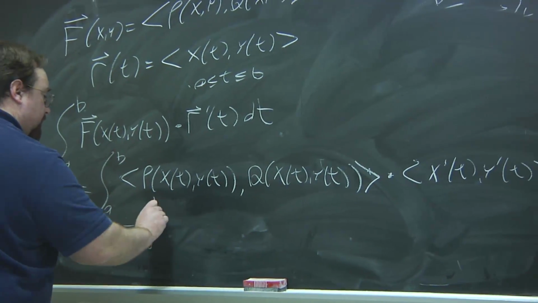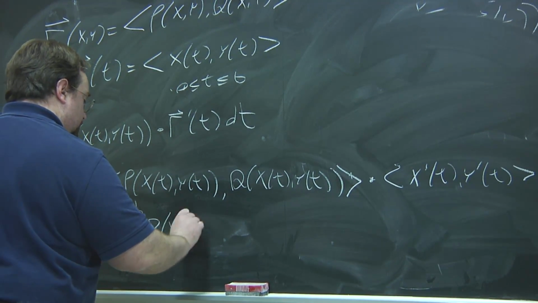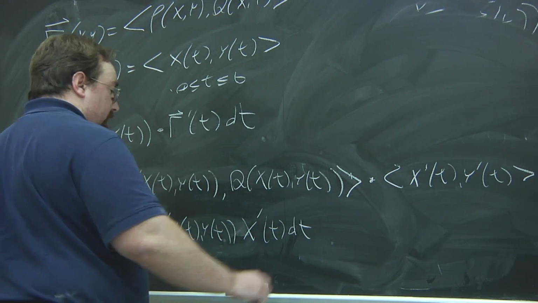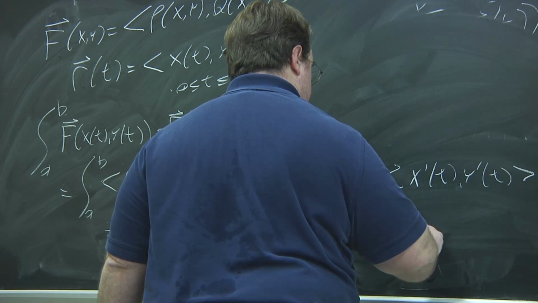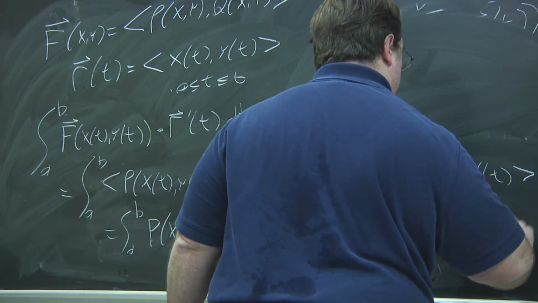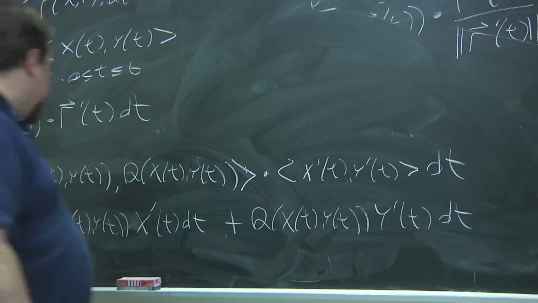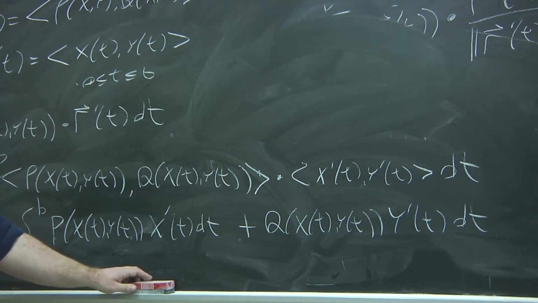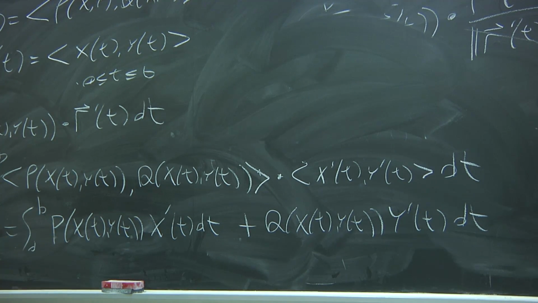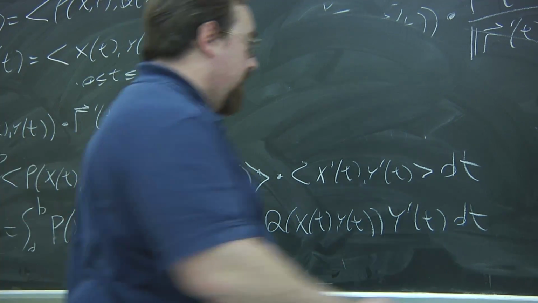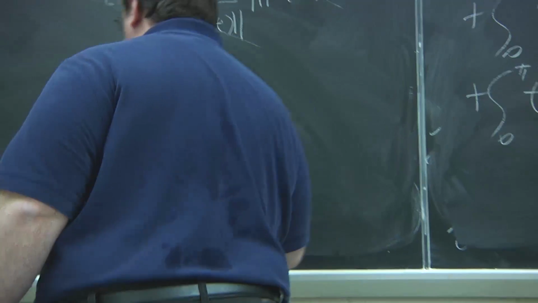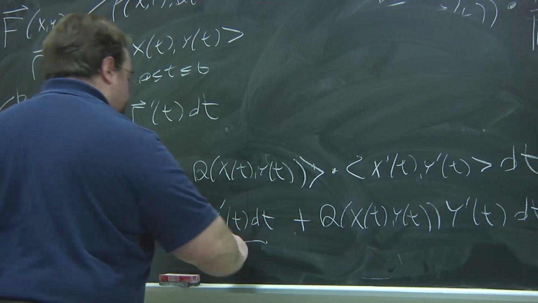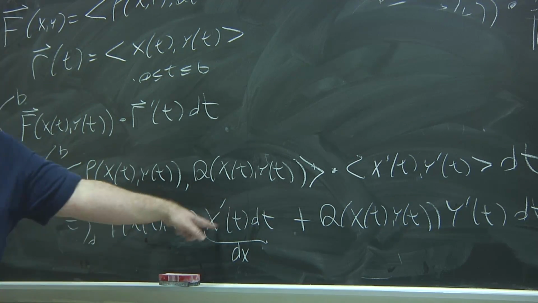Now let's carry out the dot product right here. We get P x prime plus Q y prime. A common shortcut for writing this, that you need to be aware of because it will be used for the rest of the semester any time these kinds of integrals are computed: this is the integral over the curve of P, and this x prime of t dt is dx, because this conveys a change in x.